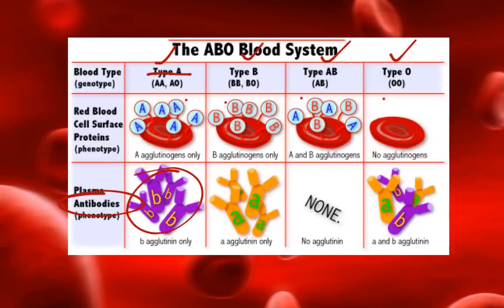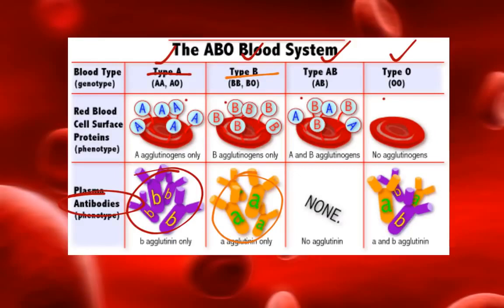The same is true if you are type B and were accidentally given type A blood, because your body has built up A antibodies that will begin to fight off the A blood. Your body does not recognize type A blood, so if you are given it in a transfusion, it could make you very ill.